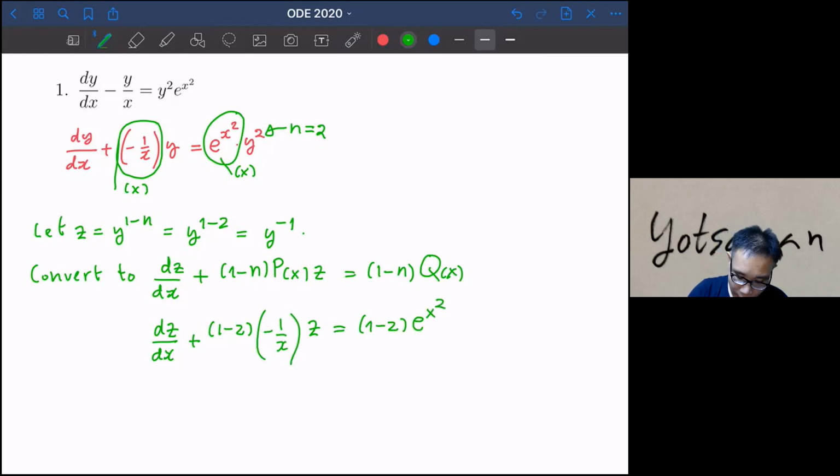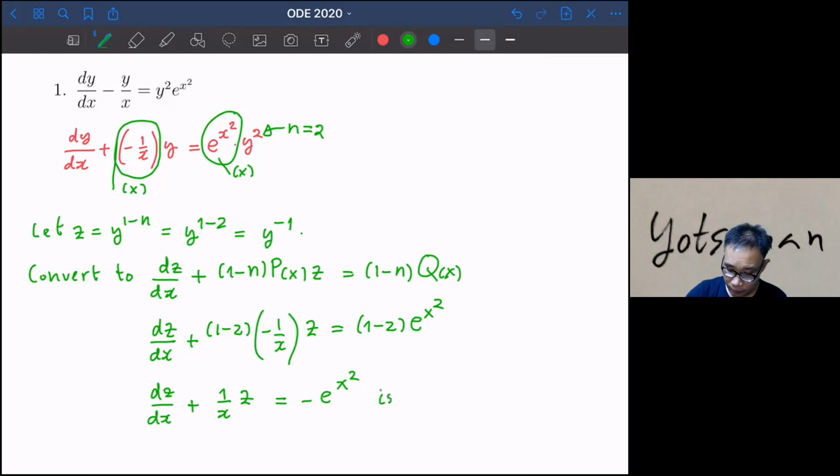And you get dz/dx plus, with 1 minus 2 times negative 1 over x, so it's going to be 1 over x z equal to negative e to the x squared. This guy is linear.